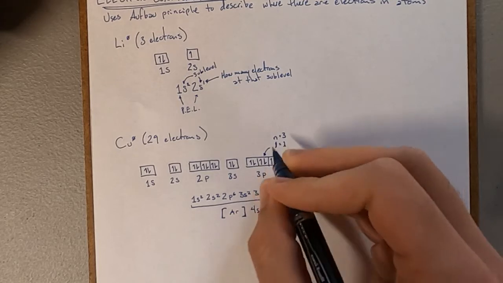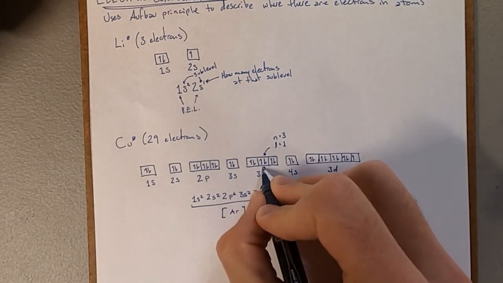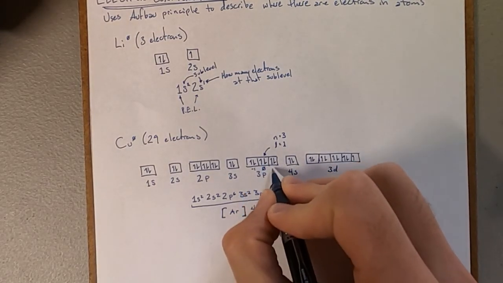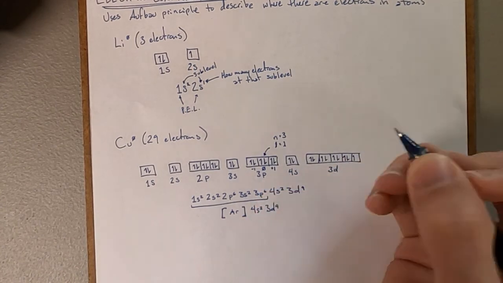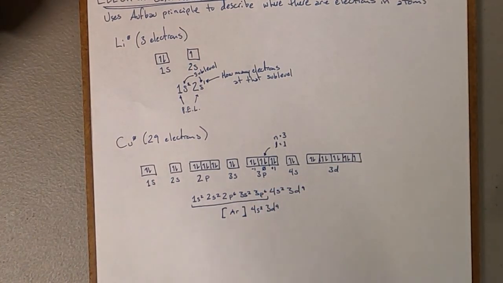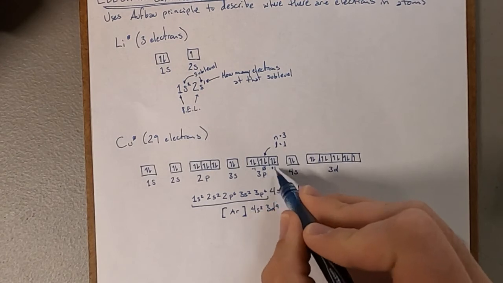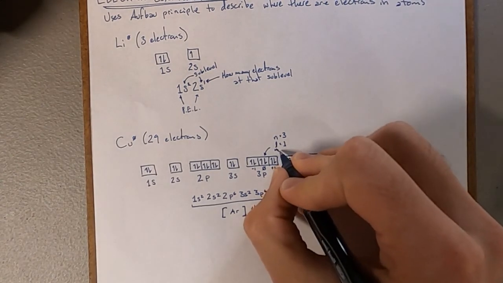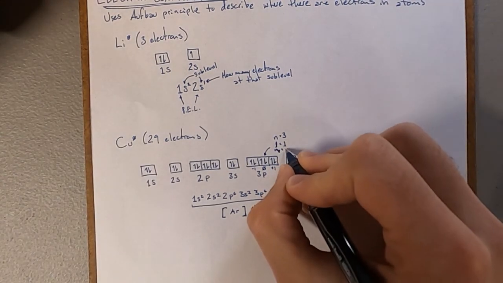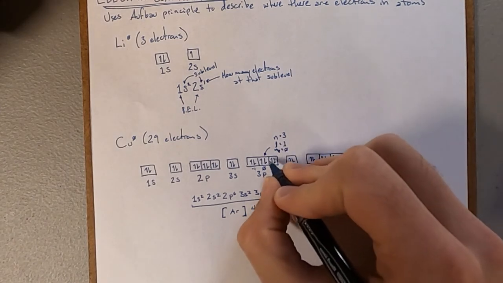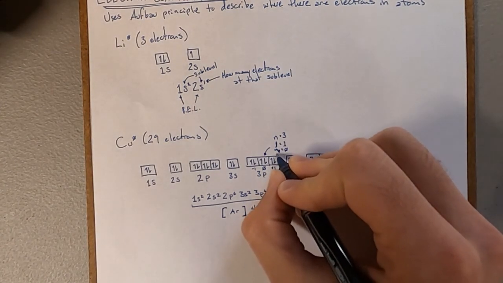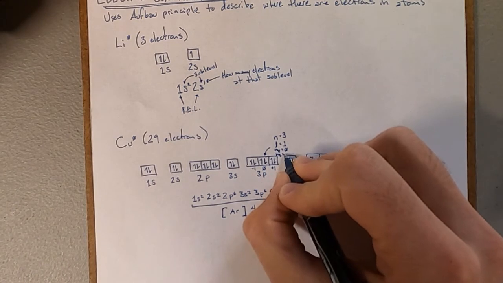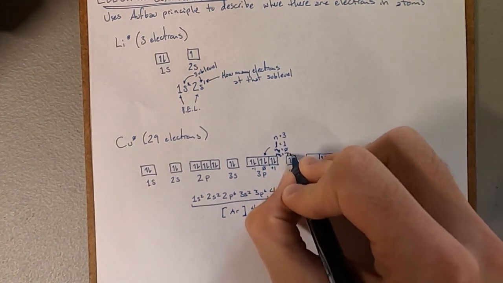The one in the middle is M sub L, the orientation. This would be -1, 0, and +1, so M sub L would be equal to 0. And this is the down spin electron, and so M sub S is -1/2.